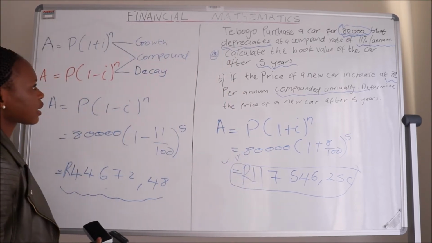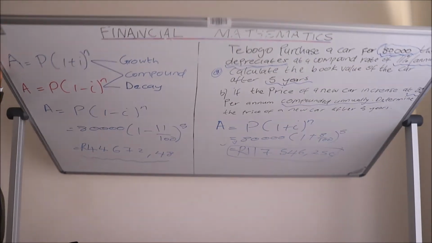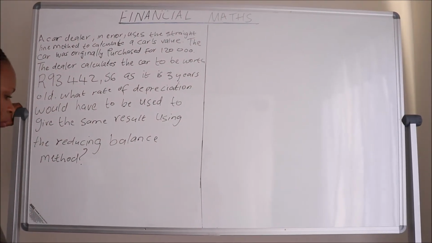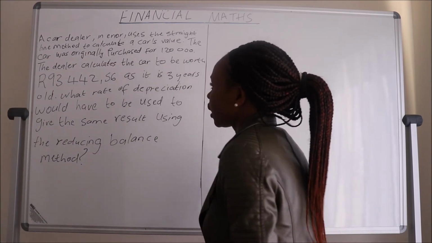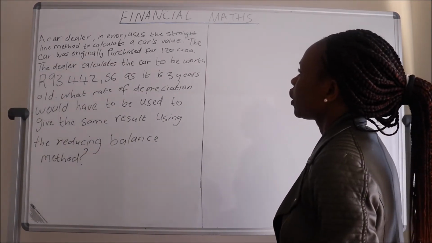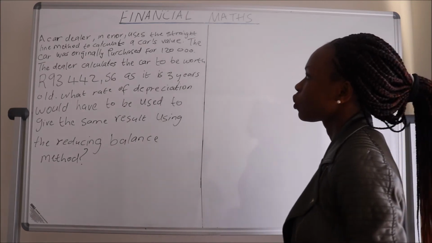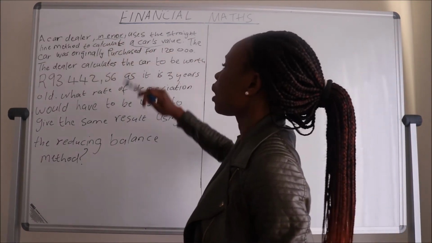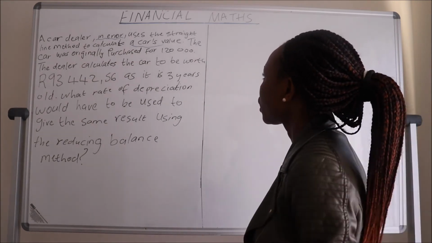Let's go to the second example and see how we can apply this equation to solve problems in financial mathematics. The second question says a car dealer in error uses the straight line method to calculate a car's value. So it was actually a mistake to calculate the value of the car using a straight line method.